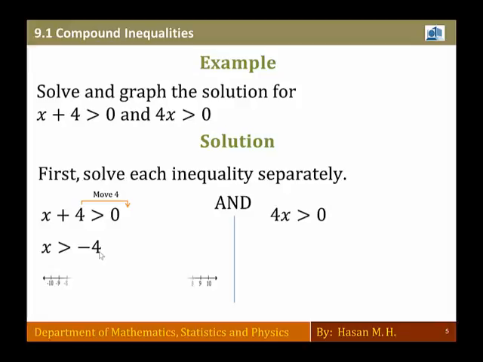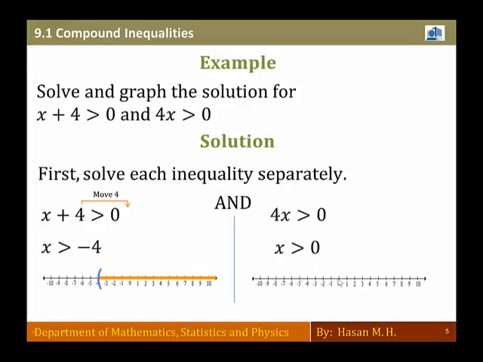To graph it, start from -4 and we're looking for x greater than -4. Now solve 4x greater than 0. Divide each side by 4. We will have x greater than 0. To graph it, start from 0.